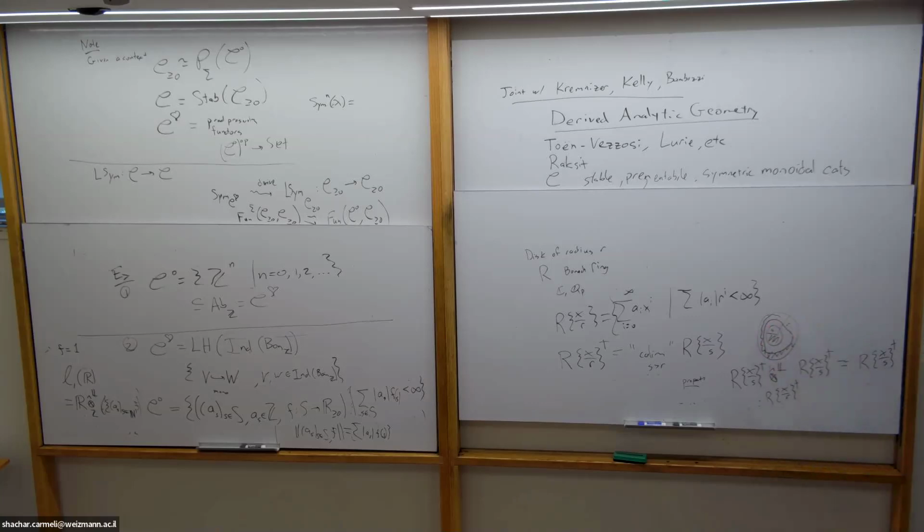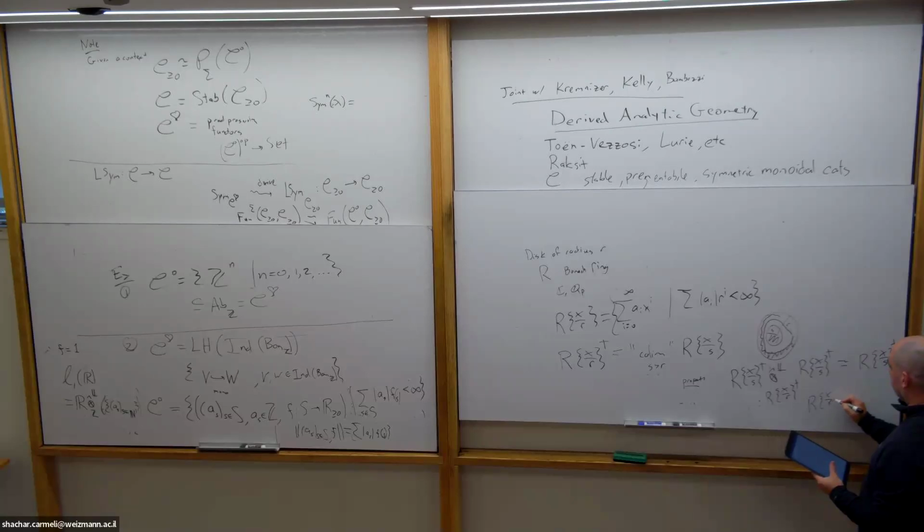So, you know, in algebraic geometry, the opens tend to be very big, and the main thing is that this is not flat, with respect to this derived completed tensor product.